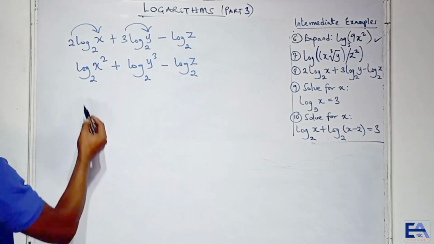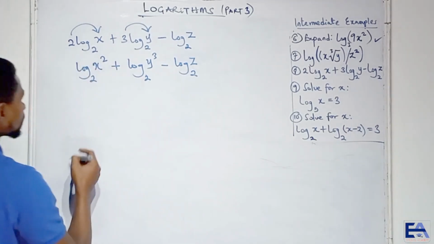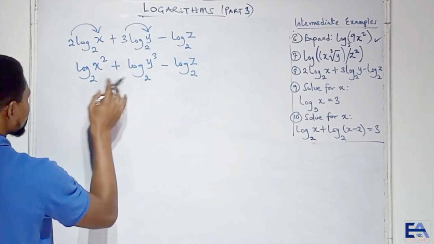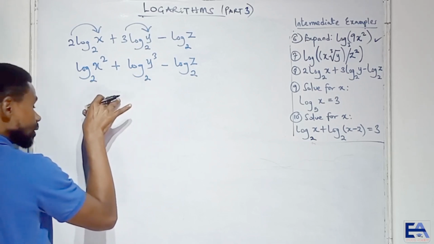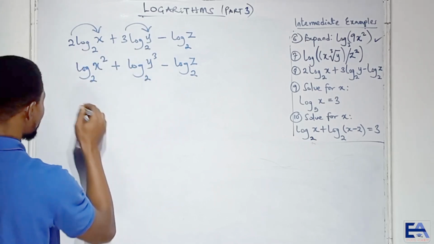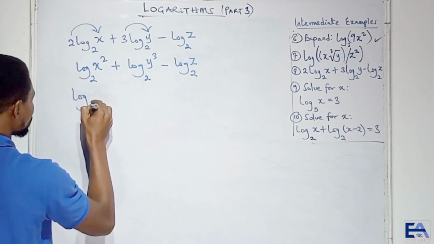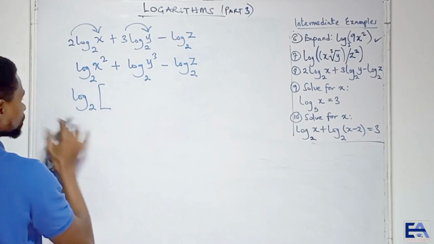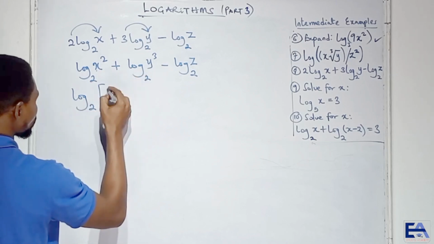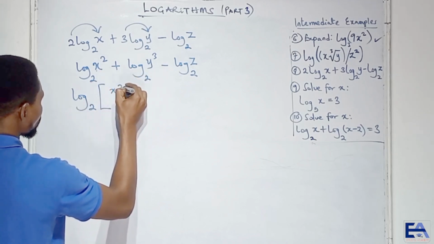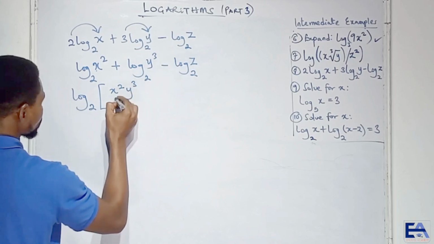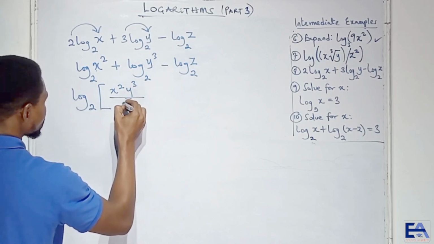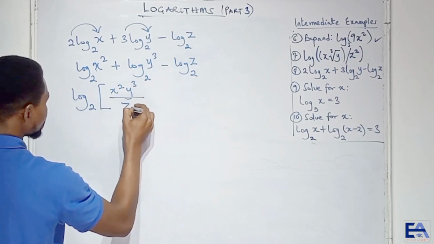Now, because all of them have the common base, you can apply the rule, both the combination of the product rule and the quotient rule, to simplify it further by bringing everything to logarithm to base 2. This one and this one will multiply to give us x squared multiplied by y cubed. Then since this is subtracting, it changes to division, that is divided by z.